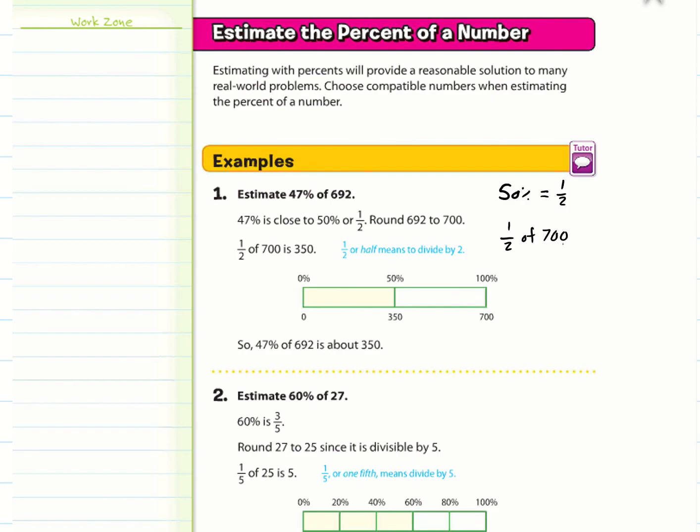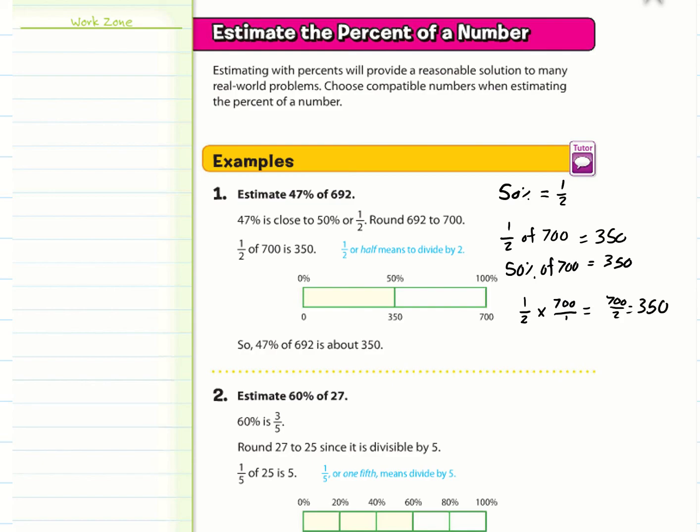And 1/2 of 700 is going to be 350. So 50% of 700 is 350. And if you didn't notice, I can also write 1/2 times 700 over 1 equals 700 over 2, which equals 350.